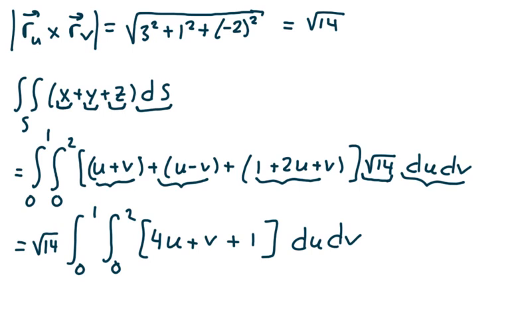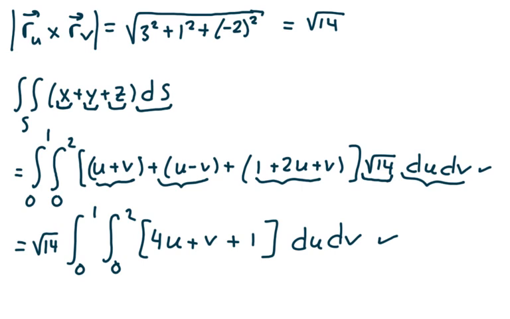Now, the limits on u go from 0 to 2. That's the innermost integral. And the limits on v go from 0 to 1. So that's the outermost integral. And so that's right here. So this is equal to square root of 14 times the double integral, where the limits on u go from 0 to 2, the limits on v go from 0 to 1, and my integrand is 4u plus v plus 1 du dv.